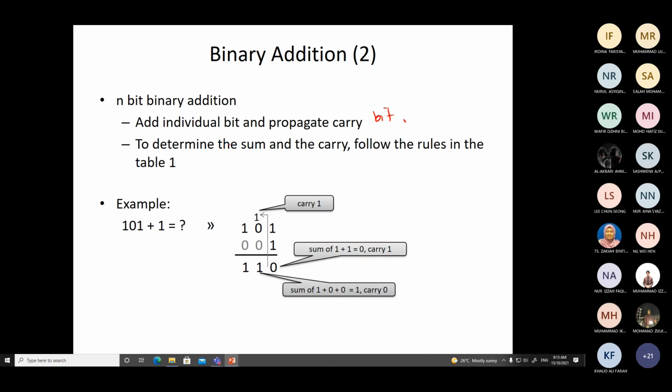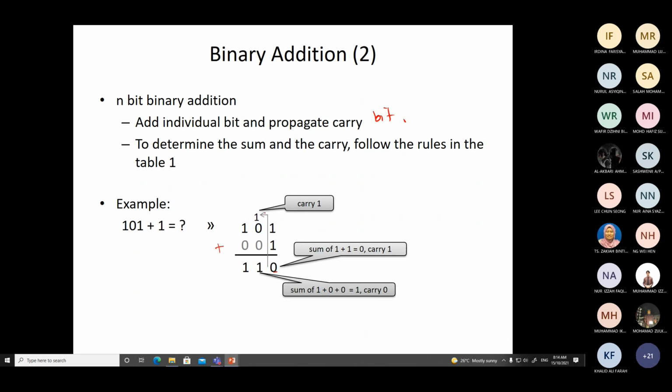For example, you have 101. When you do addition, 1 plus 1 is 2, so the sum is 0 and carry 1. We put a 0 here as the sum, and then carry 1 bit to the next position.